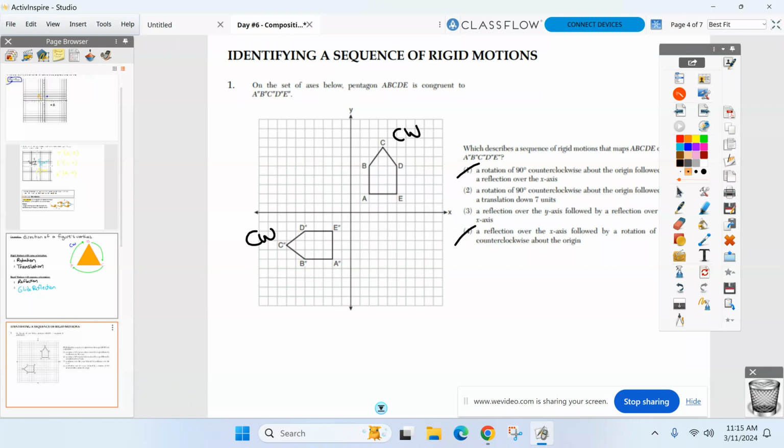Okay, so I'm going to leave it up to you guys to look at choice 2 and 3 and see which one matches the pentagons up. There it is.